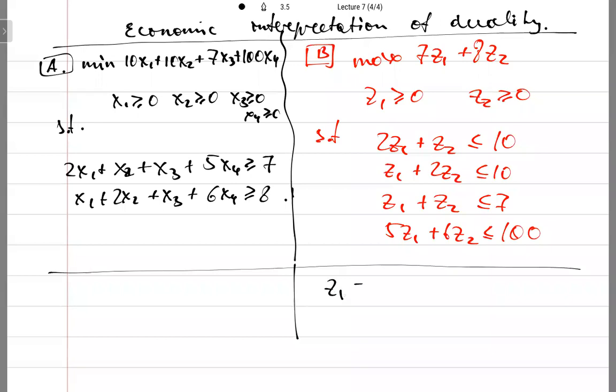Z1 is the number of guns, the production of guns. And Z2 is the production of flowers.